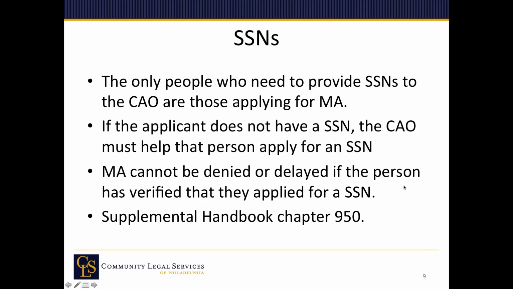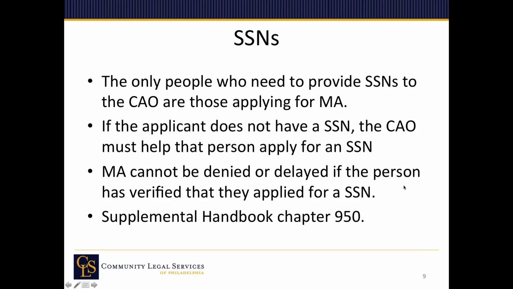So some immigrants, recent immigrants in particular, might be here and not yet have a Social Security number. Some immigrants might be here and not be eligible for a Social Security number, independent of the need for the Social Security number to apply for medical assistance.